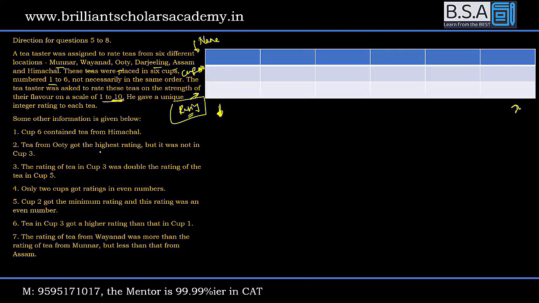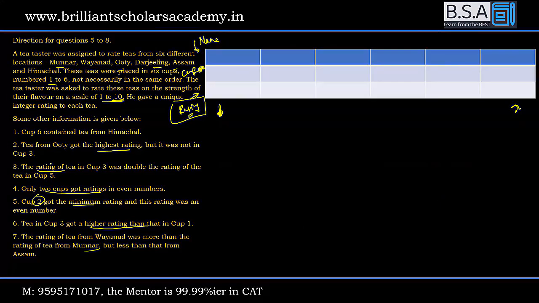See, there is a discussion of rating here. There's a discussion of rating in third line. There's a discussion of rating in fourth line, and that is minimum rating was cup 2, it was even. So everything is talking about rating, rating, rating. So questions should be solved through rating, not their names. You're wasting time if you write down their names.